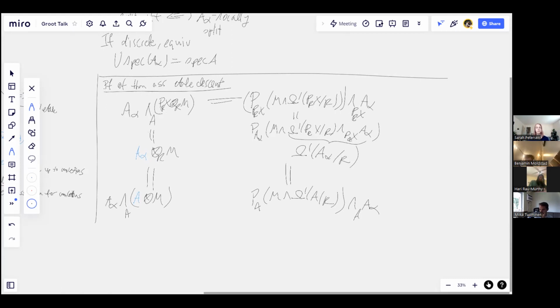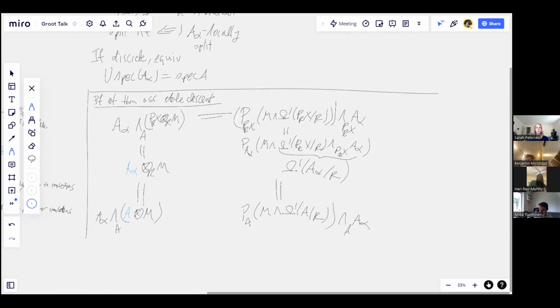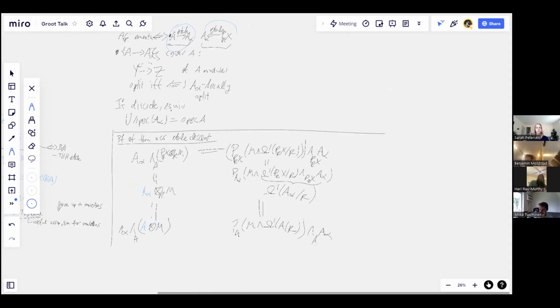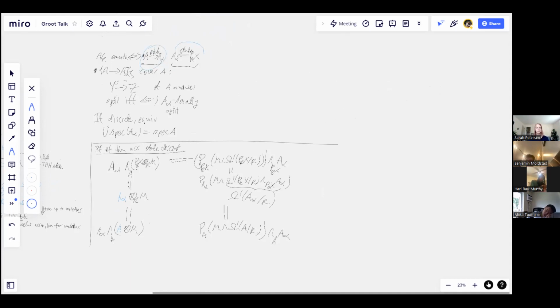Okay, now my definition of a cover is going to be very useful here. My definition of a cover says that if I split locally, then I split globally. That's going to imply that this isomorphism here, this equality which I have, is going to give me a global map.